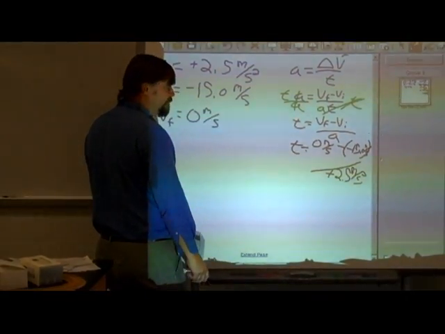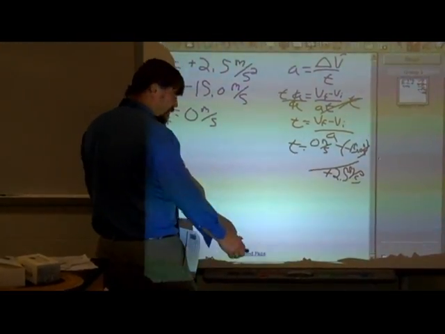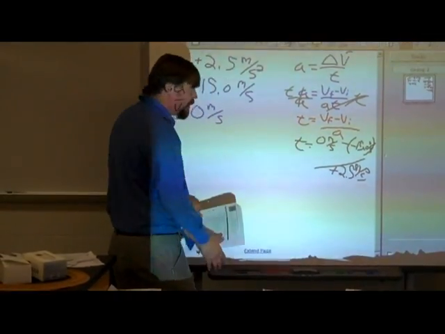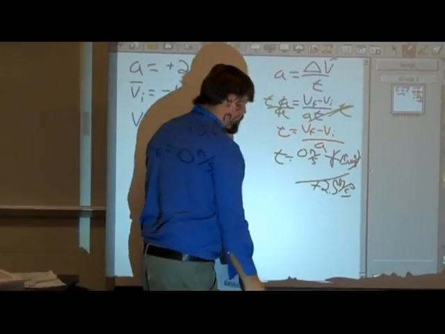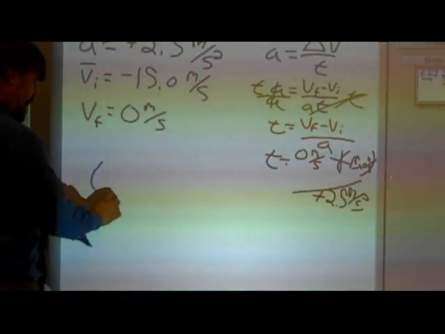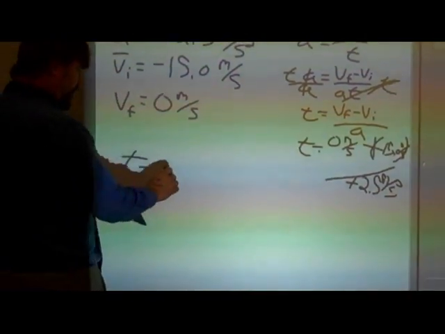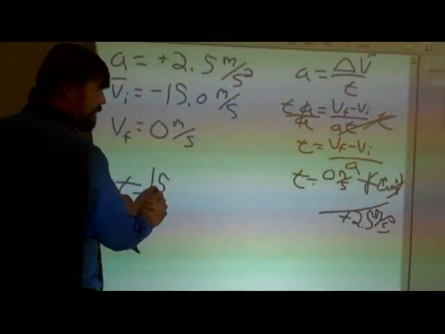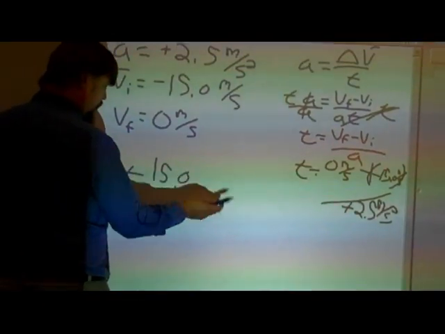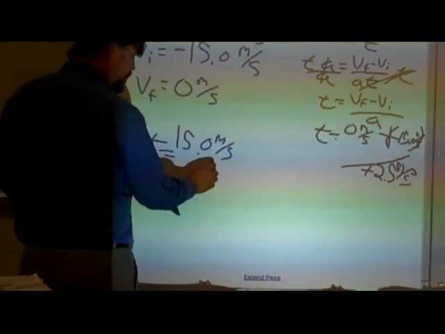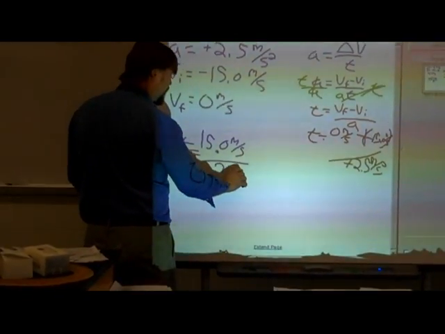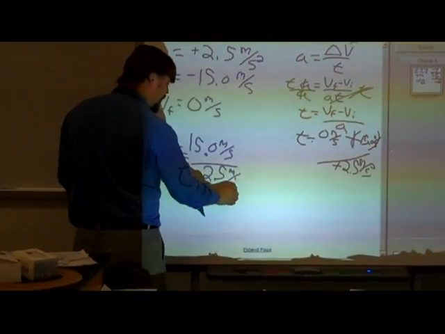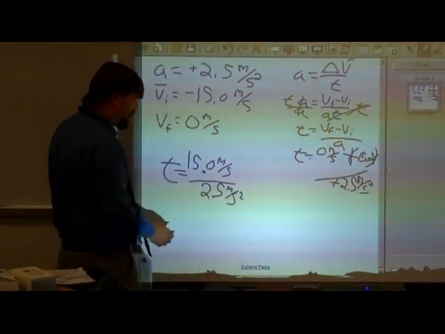All right, so all you have to do is a negative and negative, they cancel out, and they form a positive. So our time that we're looking for is 15 meters per second divided by 2.5 meters per second squared.